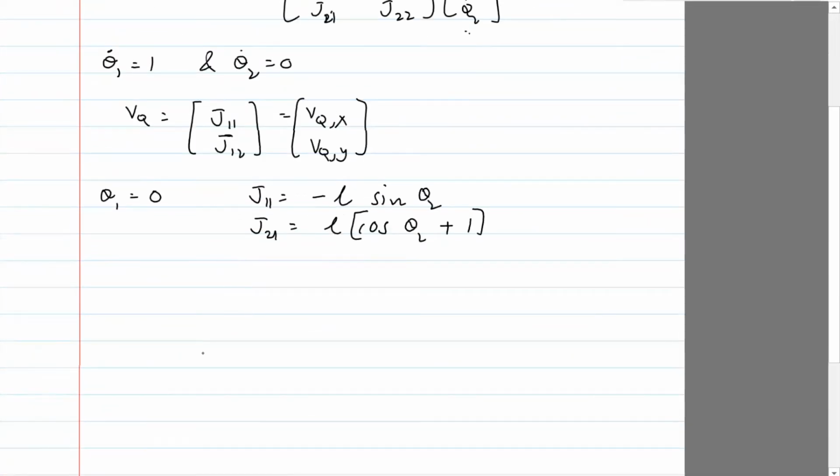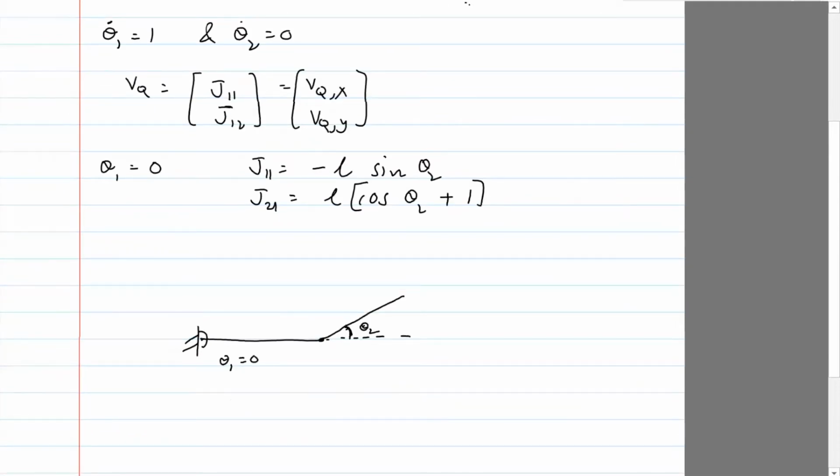Okay, so let's draw this situation. So we have theta 1 is 0, so that's what it is, and theta 2 is this angle. So what this is saying is that the velocity of point Q has two components, one in the y direction and another one in the x direction.